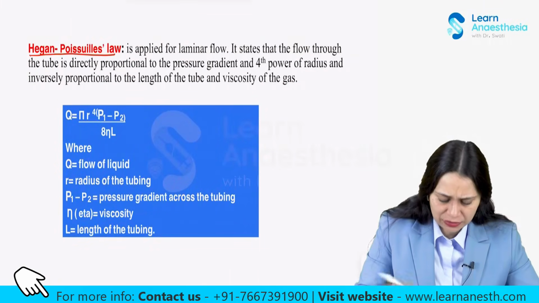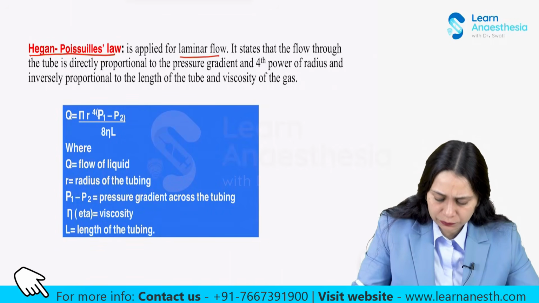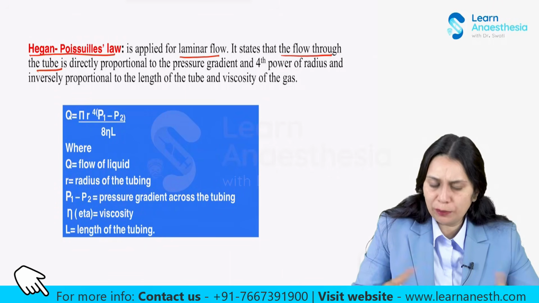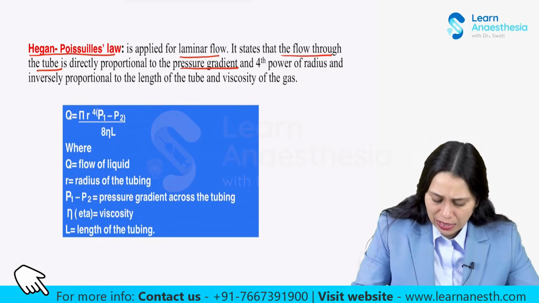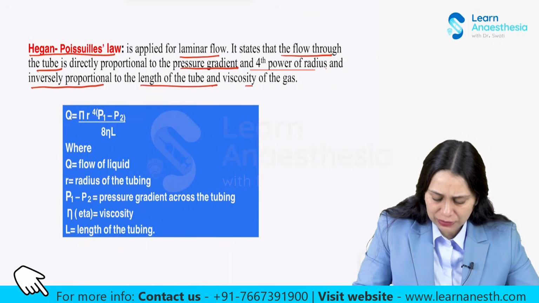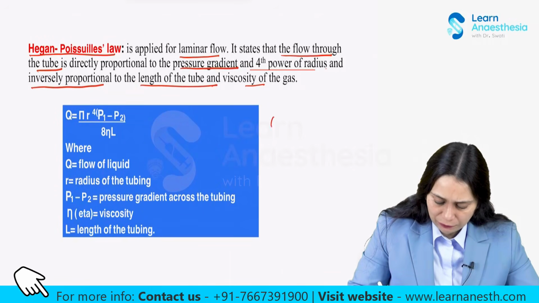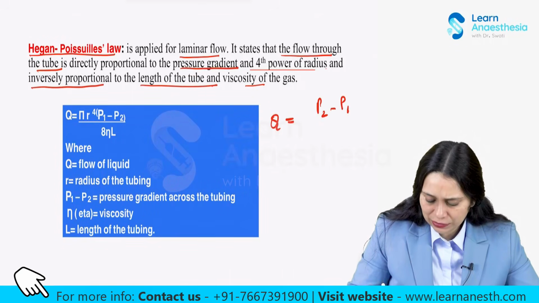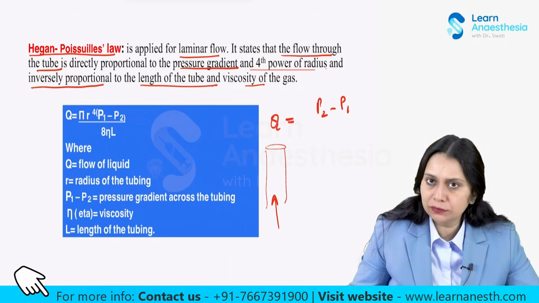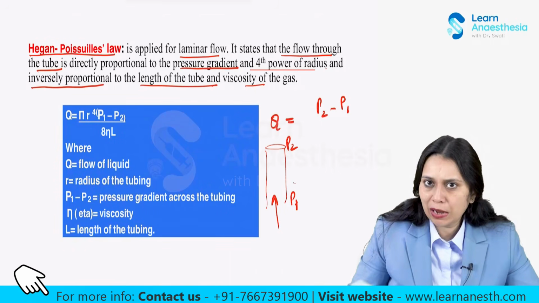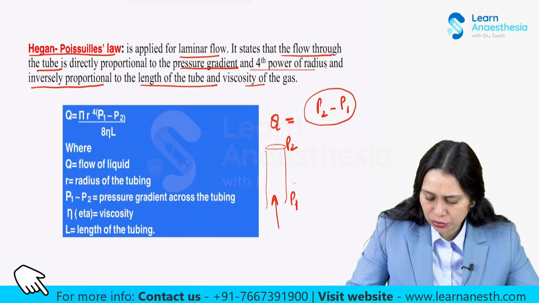It's the Hagen-Poiseuille law. This is applied for laminar flow, and it states that flow through the tube is directly proportional to the pressure gradient across it and the fourth power of the radius, and inversely proportional to the length of the tube and the viscosity of the gas. So if this is a tube and the gas is flowing through it, the difference of pressure between the two ends of the tube is directly proportional to the flow.